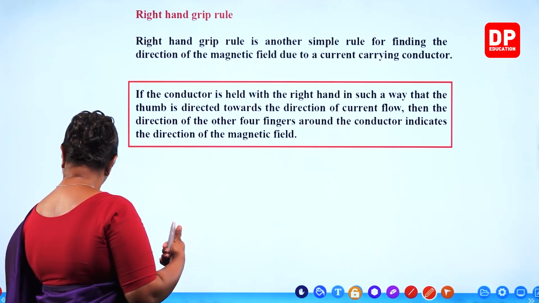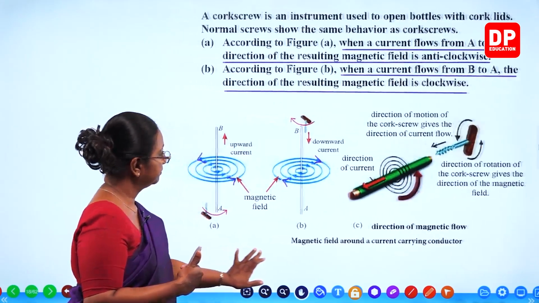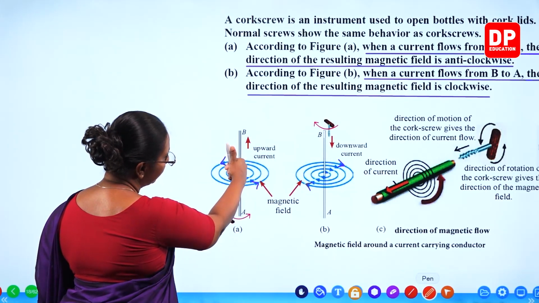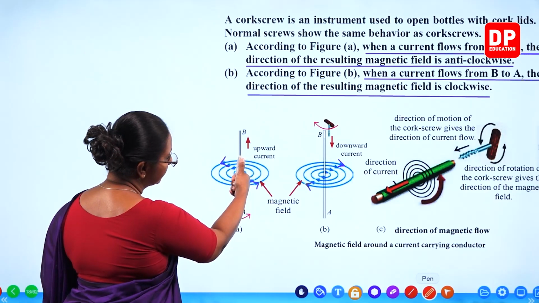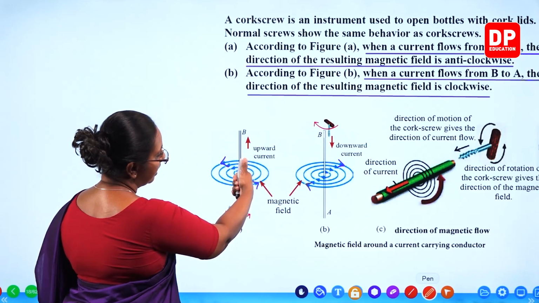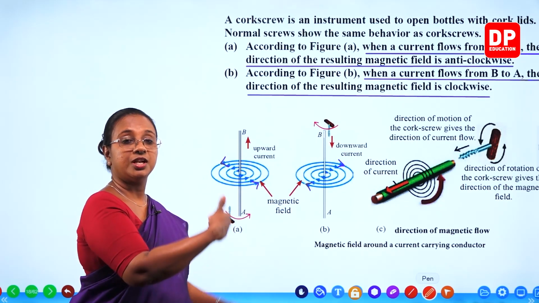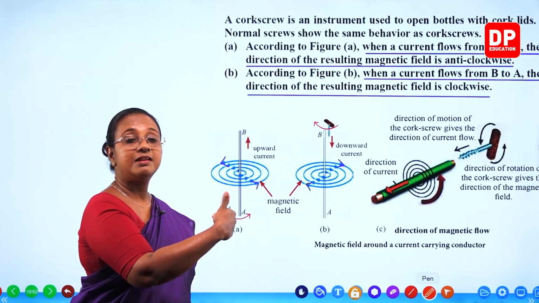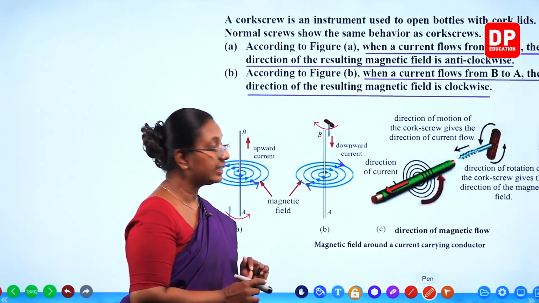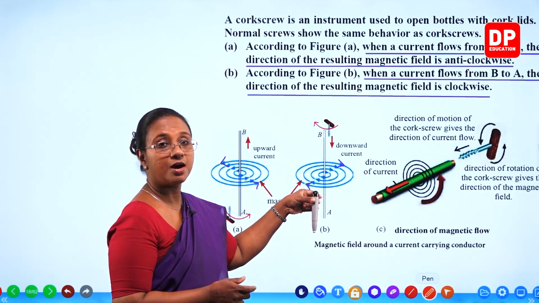Now here you can see, like I showed you all, the current is flowing upwards. So my thumb is facing upwards and my other fingers are like that. So it is the anti-clockwise direction. This is known as the right hand grip rule. Now for diagram B, what is happening? The current flows downwards.